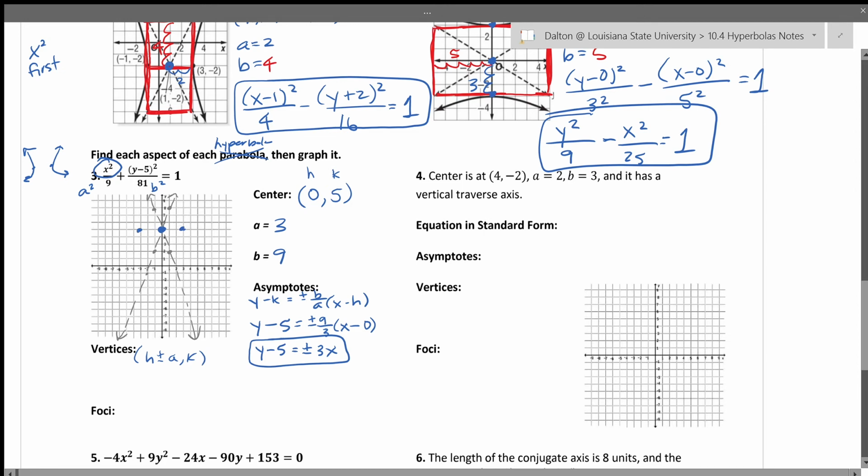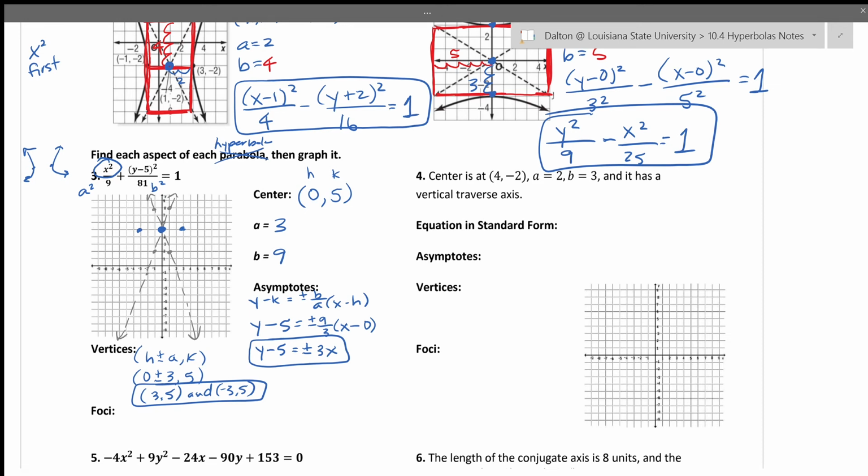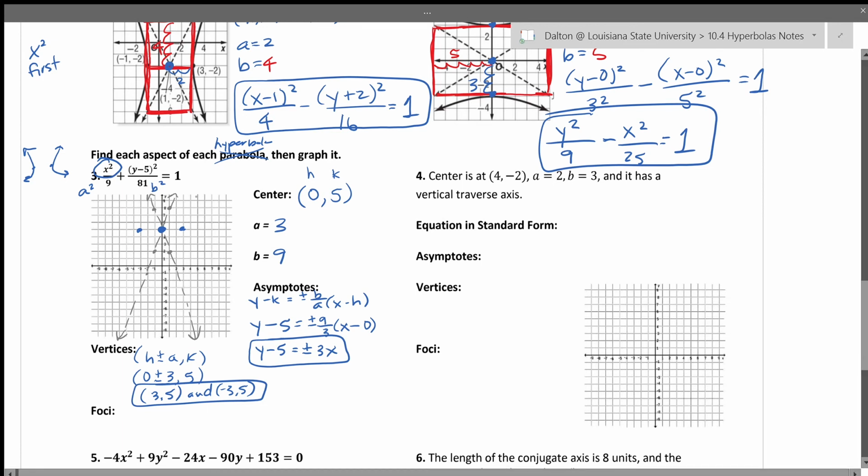If you want to do it algebraically, then just fill in your variables here. h we know is 0, plus or minus we know a is 3, and then k is 5, which is telling us our two vertices are at 3, 5 and negative 3, 5, which are the 2 points that I've already graphed there. Okay, once you have the center point and your two vertices, you can estimate your curve.